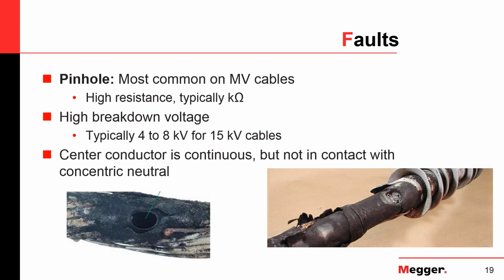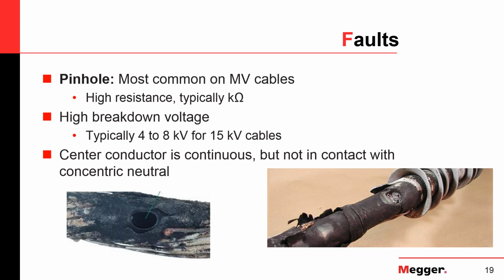What you would expect on the breakdown voltage, remember, I was talking about this a few slides ago. Let's say on the 15 kV cable with this 8.6 max, you would expect this to be lower, and typical values that we see in the field is 4 to 8 kV. So from a physical view, this means the center conductor is still continuous, so it's not severed or anything.